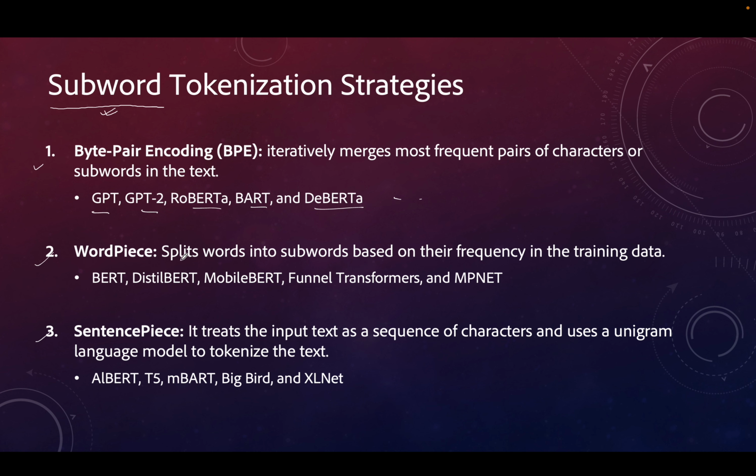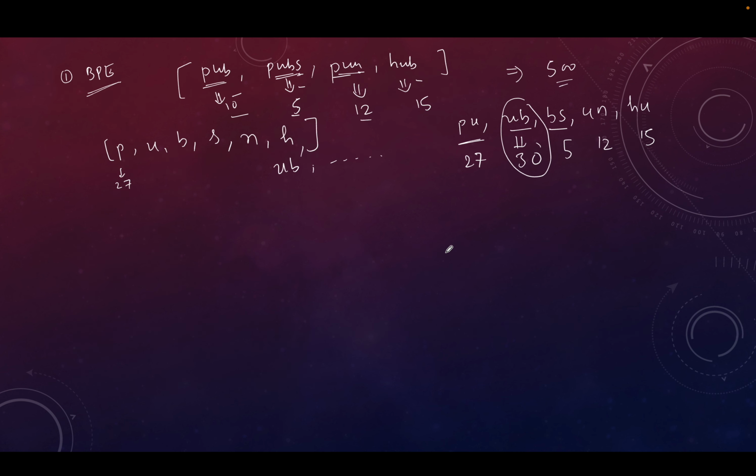The second strategy is WordPiece. It splits the word into subwords based on the frequency in training data, and it's used in BERT variations like BERT, DistilBERT, MobileBERT, Funnel Transformer, and MPNet. This WordPiece is very similar to this.